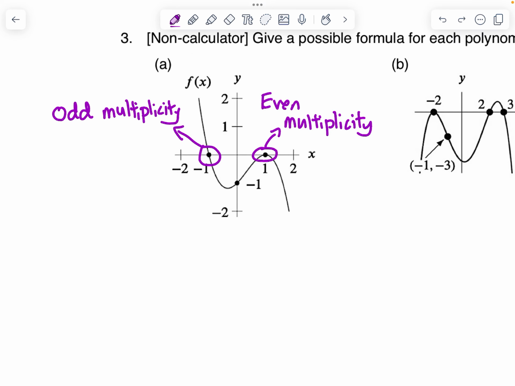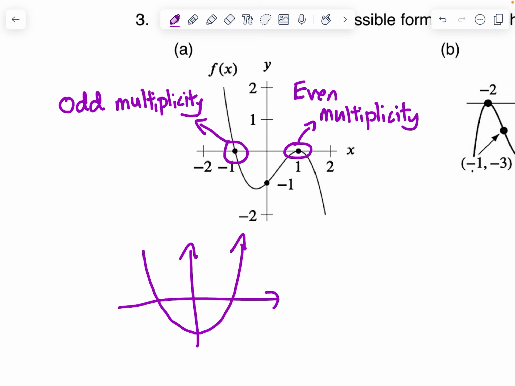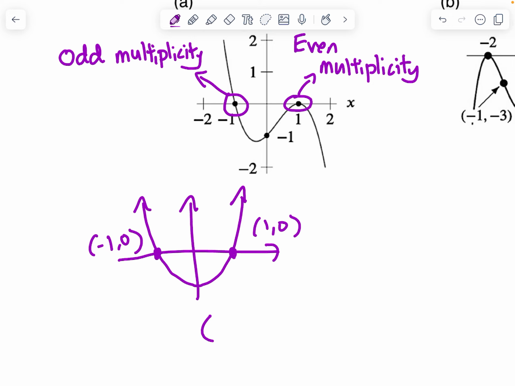Once we know whether it's odd or even multiplicity, now I want to focus on writing an equation with the zeros. In a quadratic, whenever we have zeros, for example, if this is -1, 0 and this is 1, 0, then we know our equation is going to have something in front that determines whether it compresses or stretches the graph.